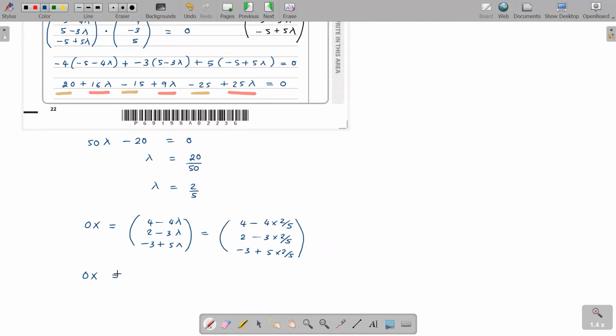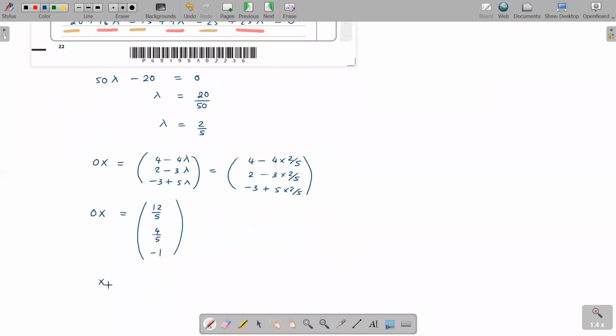How much is OX? 12/5 is the first coordinate. Next one, 4/5, minus 1. So the X coordinate, if you give it in this manner, is (12/5, 4/5, -1). Are you okay with that?